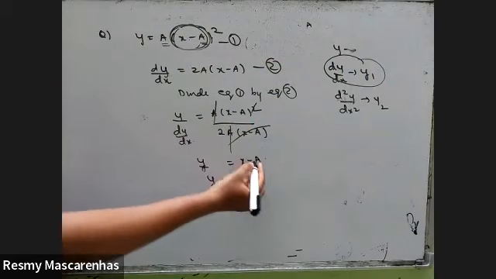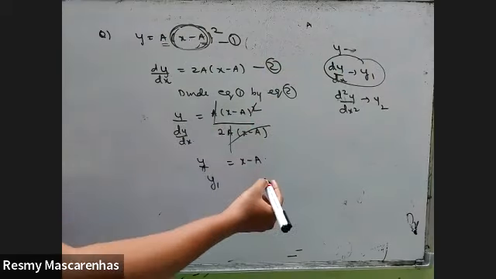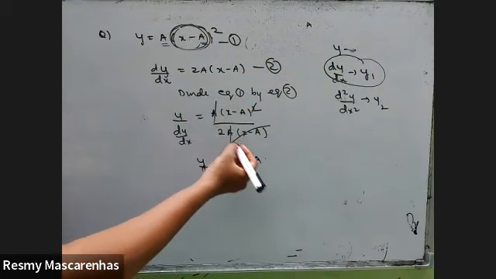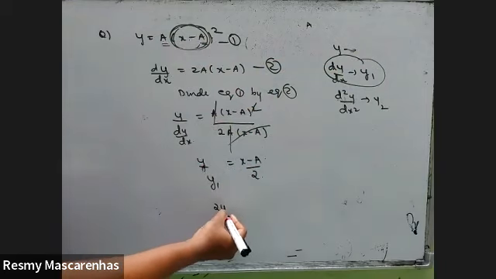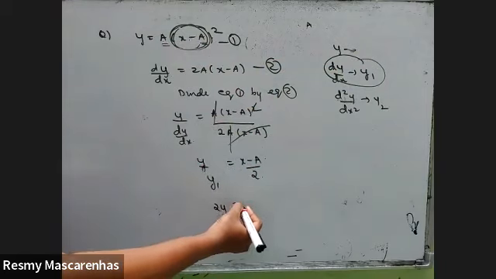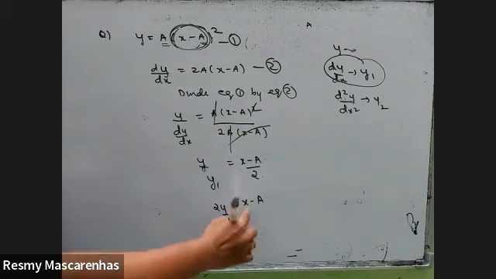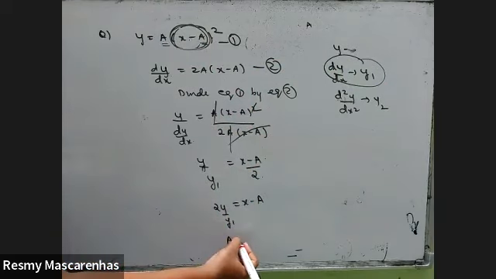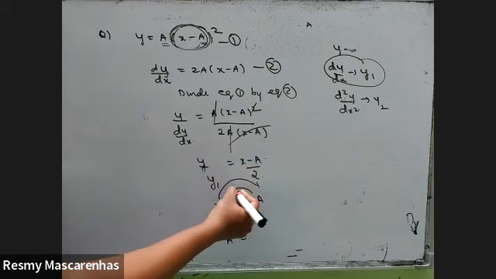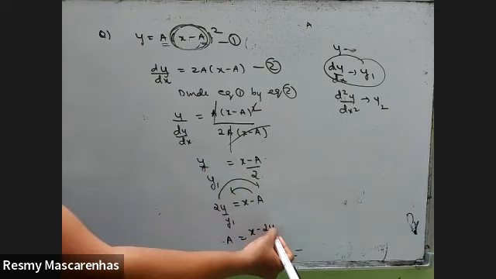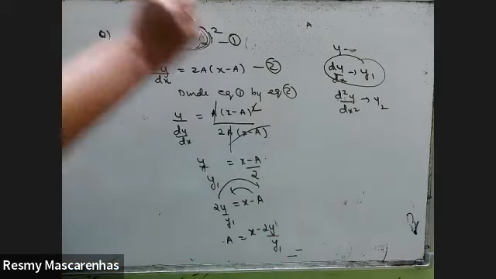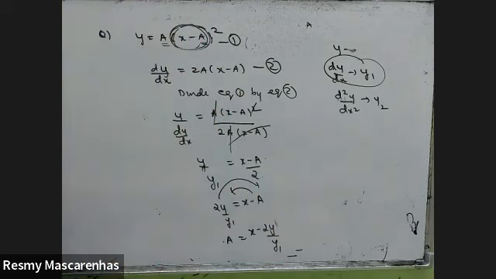What I'll do, here I'll bring this side, take it on the other side. There's a 2 also there, so the 2 I'll bring here. This fellow I'll take on the other side, so minus a will become plus a. This side if I take, this will become minus. Basically, I found the value of a. a is nothing but x minus 2y upon y1.